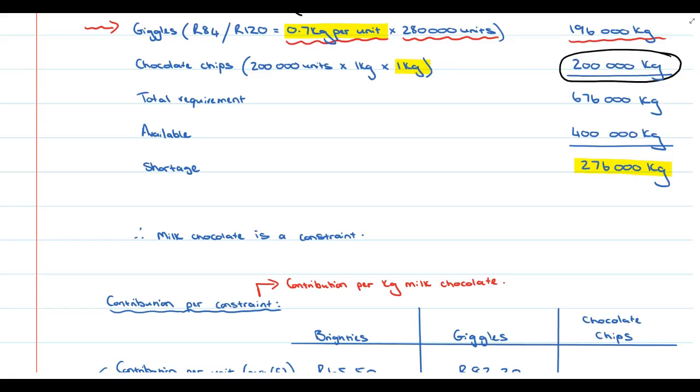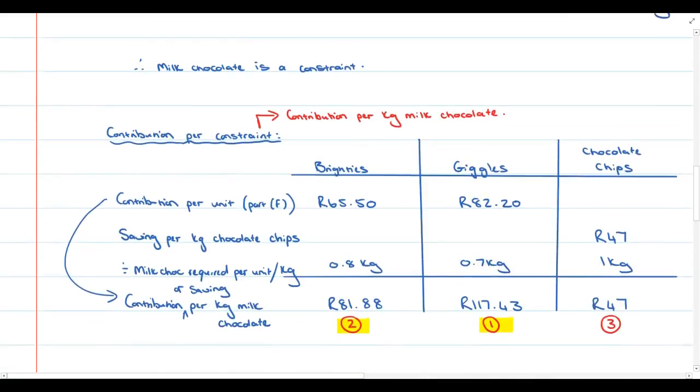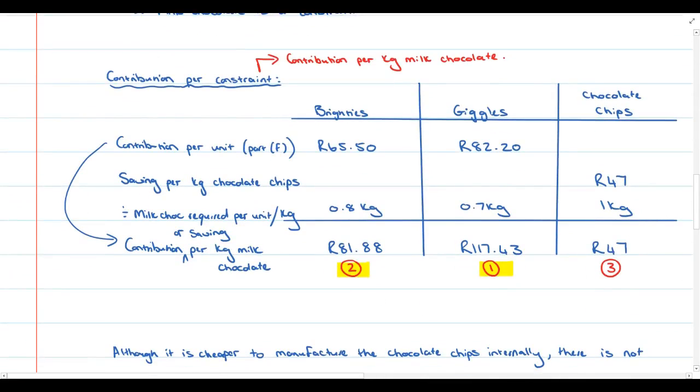However, that milk chocolate was not used for chocolate chips, it was used for Brighties because Brighties was ranked second. So if we want that milk chocolate to be used for chocolate chips, then instead chocolate chips need to be ranked second and Brighties need to be ranked third. So in other words, the chocolate chips need to replace the Brighties and they need to be ranked second.